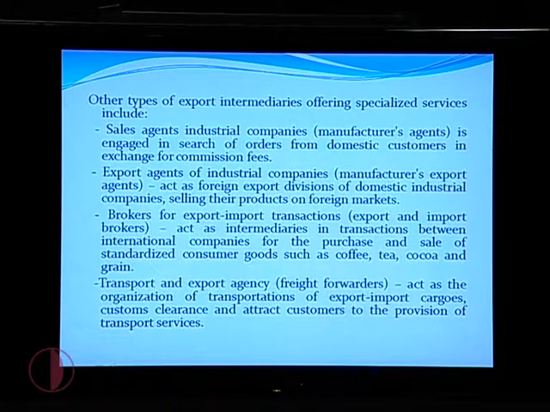Brokers for export-import transactions, or we can say export and import brokers, act as intermediaries in transactions between international companies for the purchase and sale of standardized consumer goods such as coffee, tea, cocoa, and grain. Transport and export agencies, freight forwarders, organize transportation of export-import cargoes, customs clearance, and attract customers to the provision of transport services.